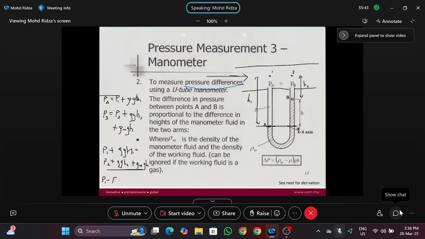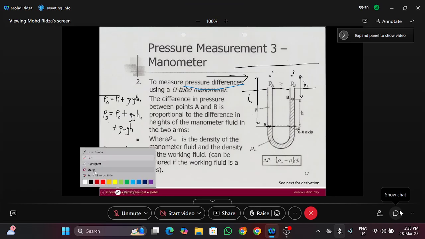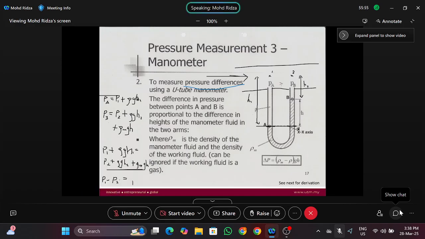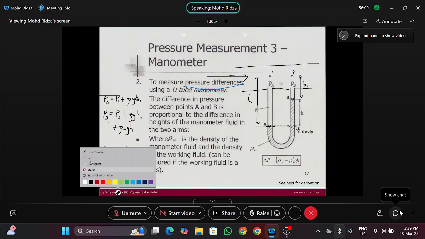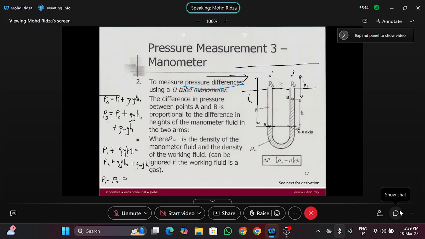P1 minus P2 equals rho G H2 plus rho M G H minus rho G H1. You have to make some mental calculation here.